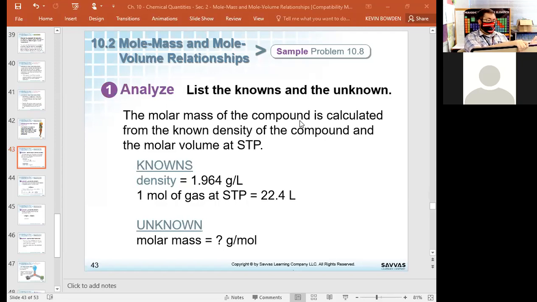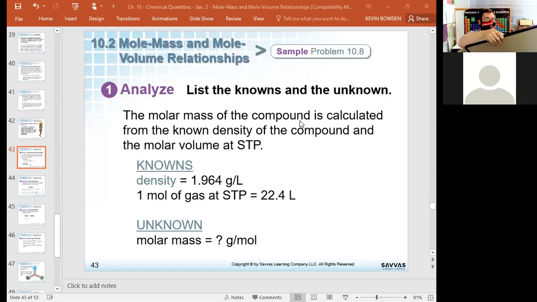Everything left over is 1.964 grams. Or if it's 2 liters, then it's almost 4 grams, whatever. I can do this directly, and so that is a fact.